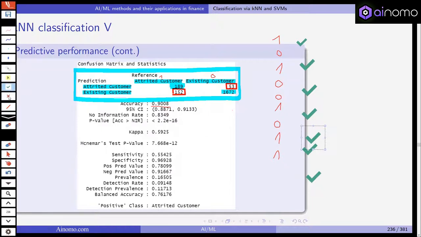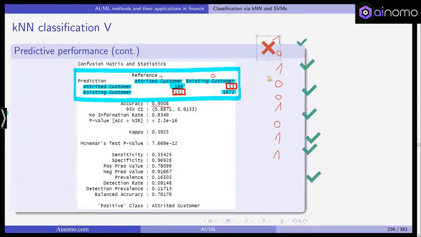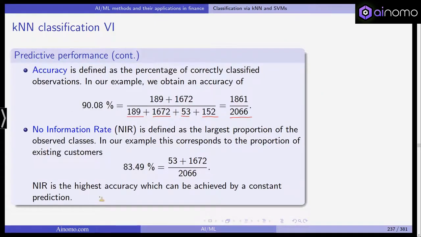The same could be done if we say it's 0. The red X is a 0. So 1, 2, 3, 4, and so on. So we are simply saying we don't do any prediction at all. We simply set it all constant to 1 or 0. And the no information rate is then the highest accuracy which you can achieve by a constant prediction.